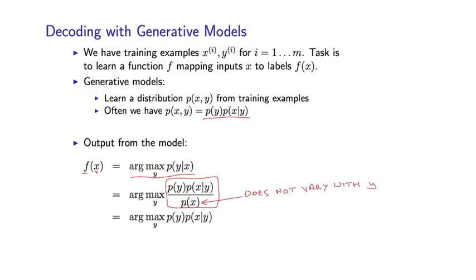Because this denominator is constant, if we're looking for the argmax, we can simply discard it and look for the y that maximizes the product of two terms, p of y and p of x given y. That can be very convenient because from a computational point of view, calculating p of x can sometimes be rather painful. And so we don't actually need to do that when applying this type of model.